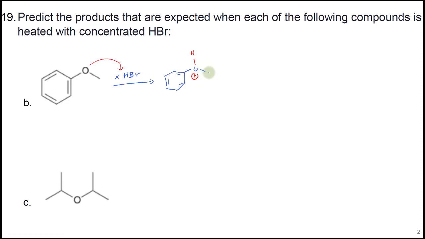So that becomes protonated. And the only thing that we can do in this case, we have Br- to act as a nucleophile. And the nucleophile can attack here because we're doing an SN2 reaction. Which would leave the alcohol plus CH3Br.